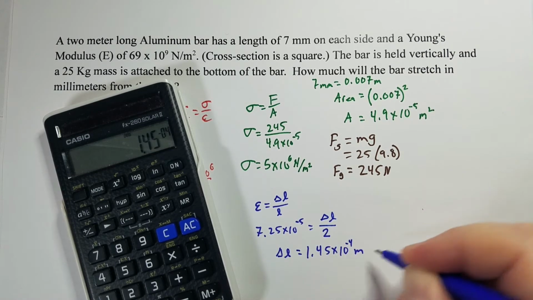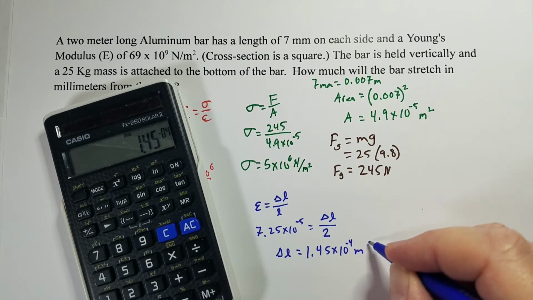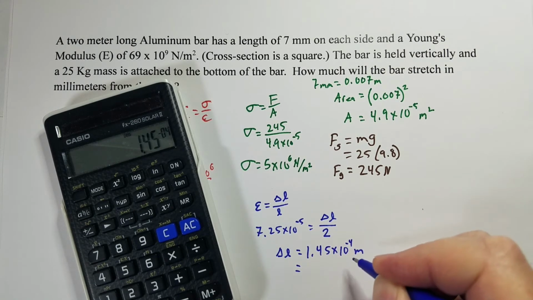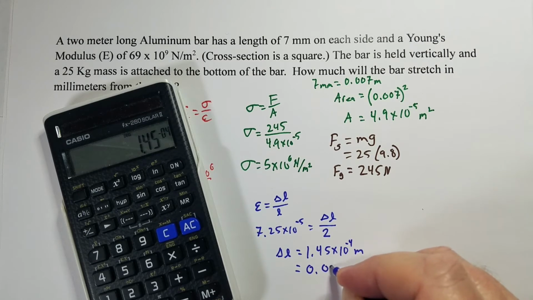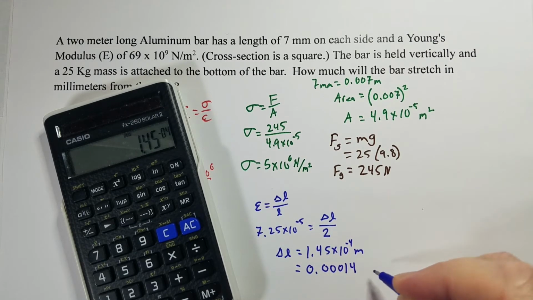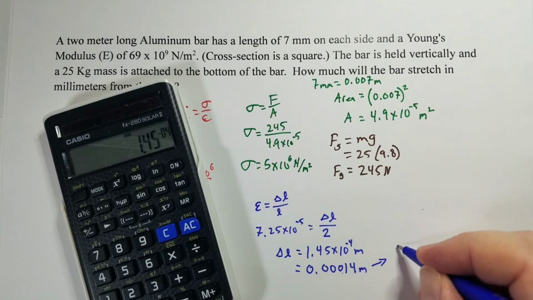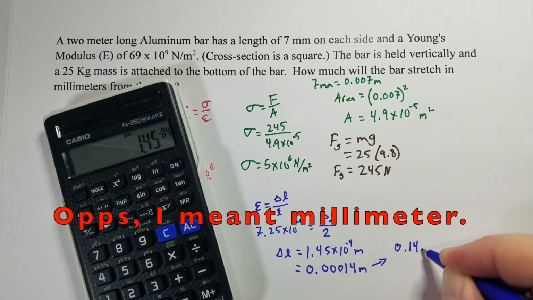But again, that's in meters. So I'll take it out of scientific notation: 0.000145 meters. And then I want to convert it back to millimeters, so I move the decimal point over 3 spots. So that becomes 0.14 millimeters.